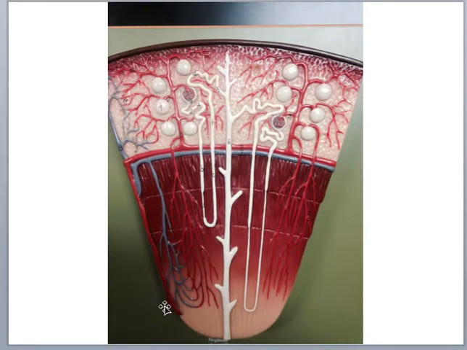Here would be an individual, one pyramid and the cortex directly above it. This artery right here coming up would be in the renal column. This is our interlobar artery, and then it branches into the arcuate arteries.